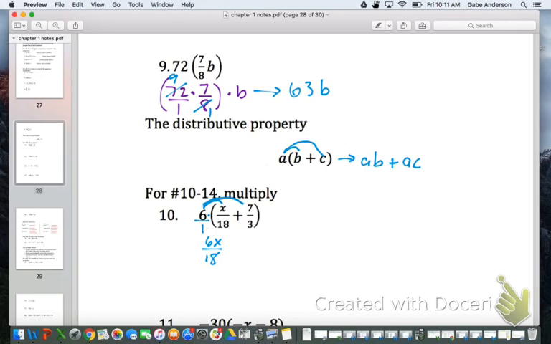So I'm going to multiply 6 over 1 times 7 over 3. So it's going to be plus 6 times 7 is 42. I could do some reducing on this, but I'll leave it alone for now. 1 times 3 is 3. So if I just straight up do the distributive property, like multiplying that 6 throughout the parentheses, that's what I get. We have some reducing we probably should do, but that's a good first step right there.